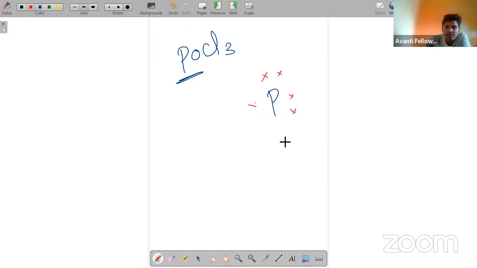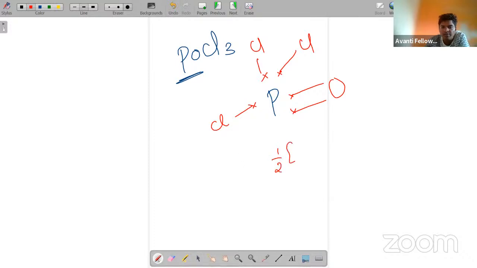One thing you can clearly say from here is, always remember, whenever there is oxygen, you have to make a double bond with the oxygen. How many chlorines are there? 3 chlorines. 1, 2, and 3. Now, how to find the hybridization?